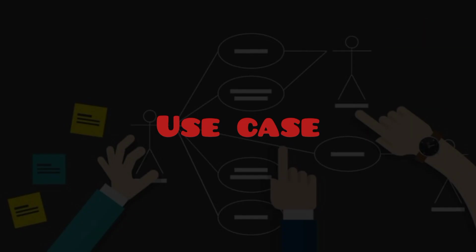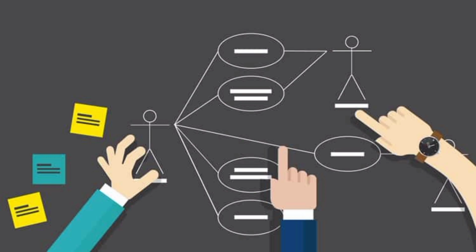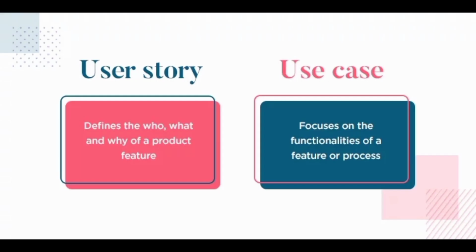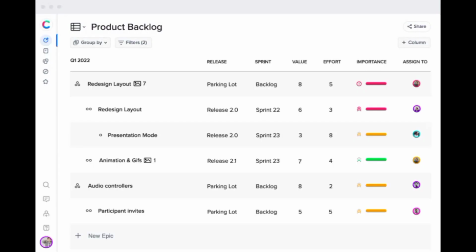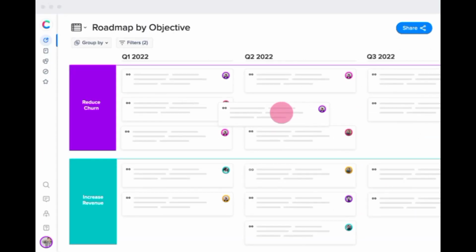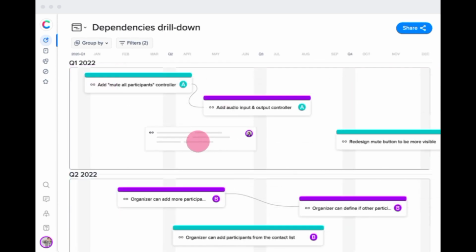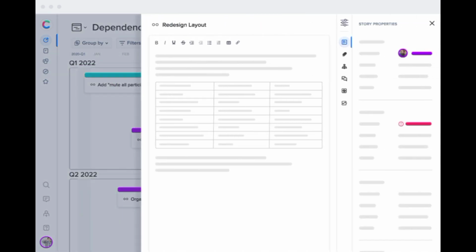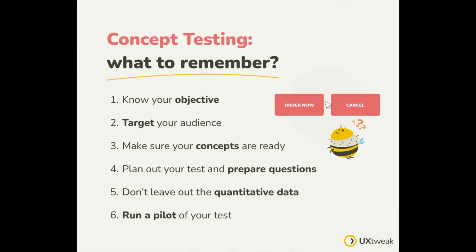So now let's see what are use cases. This user experience research method allows the provision of a description of how users consider a particular feature of a website. Use cases offer an in-depth look at how users interact with the site, including the steps users take to complete each task. So now let's see what is concept testing.